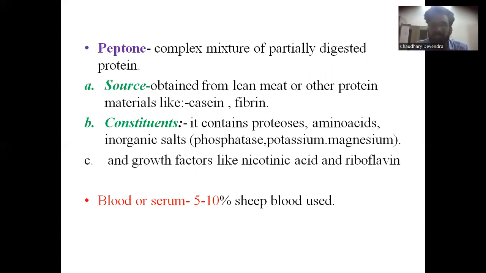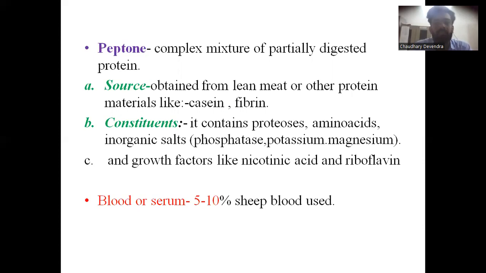So basically, basic components means to make any media we will definitely need these. Okay, we will start making from these. If we have to make any media, we must have all these things. And peptone, what is the source of peptone? Obtained from lean meat or protein materials like casein and fibrin.